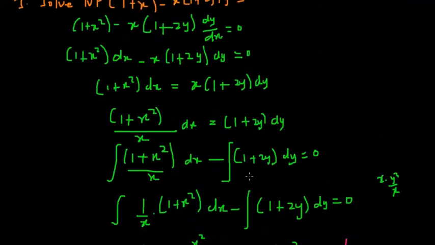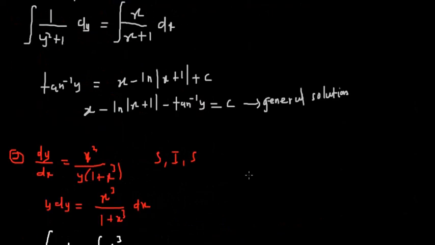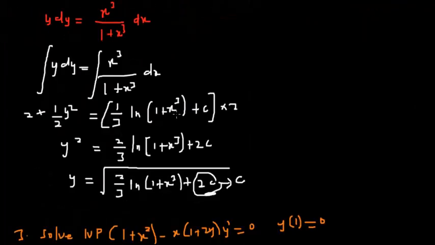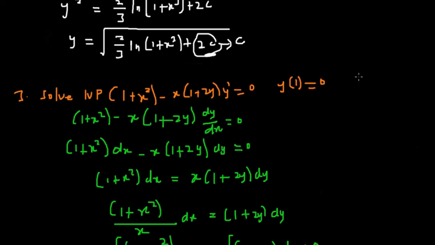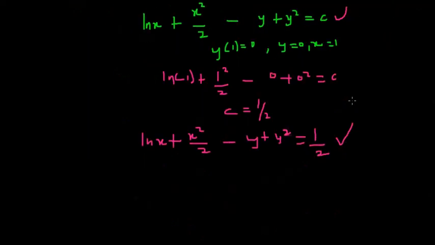From here you could notice that we've been able to go through the entire separable differential equation topic by using our SIS. We implemented our SIS: you separate, you integrate, and then you substitute.